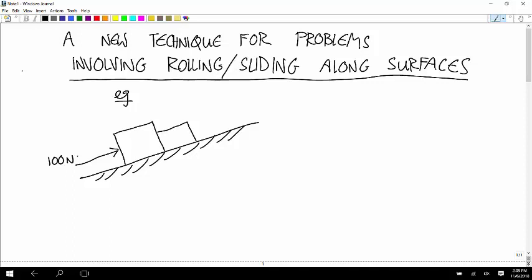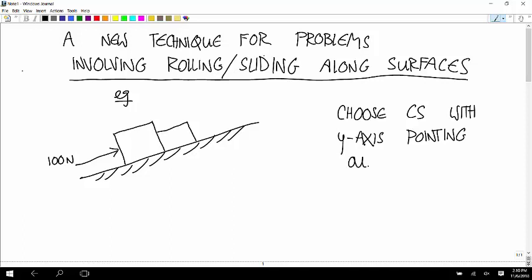The new thing that we're going to do is choose a coordinate system with the y-axis pointing directly out of the surface and the x-axis parallel to the surface.